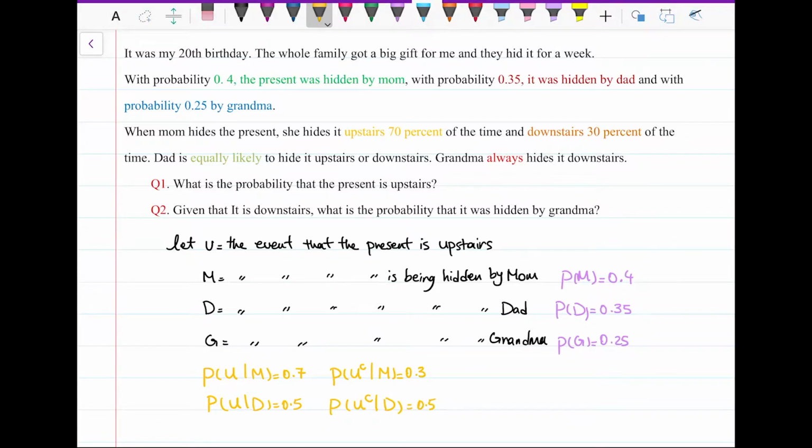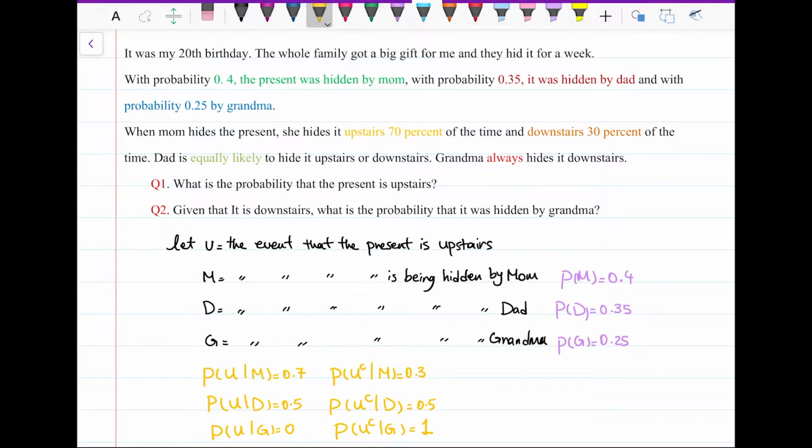What else? It says that grandma always hides it downstairs. So the probability that it is upstairs, given that it was hidden by grandma, is 0, and the probability that it is downstairs, given that it was hidden by grandma, is 1.